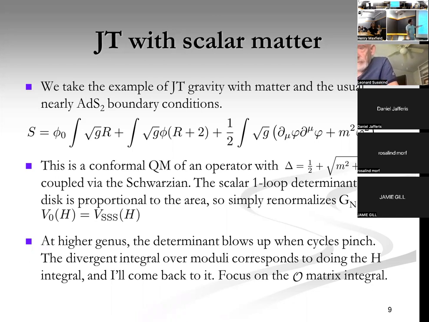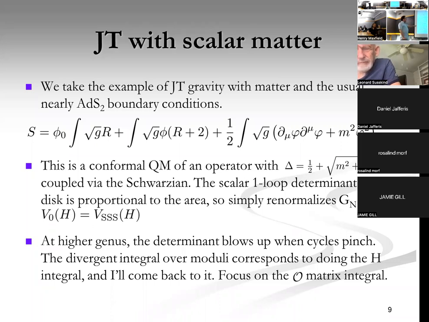Therefore the matrix potential for the Hamiltonian is the same as for pure JT gravity. That's kind of a coincidence of this example. In general, if we add matter, we will have a non-trivial loop determinant in the Euclidean black hole that will change the spectral density; it just happens not to happen here.